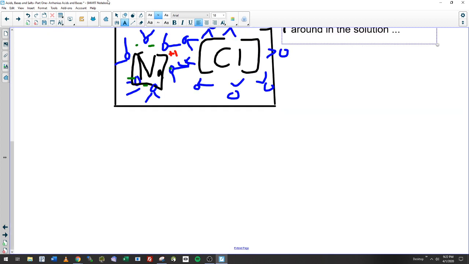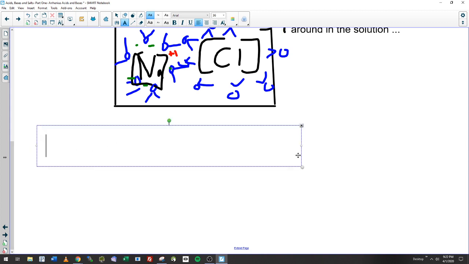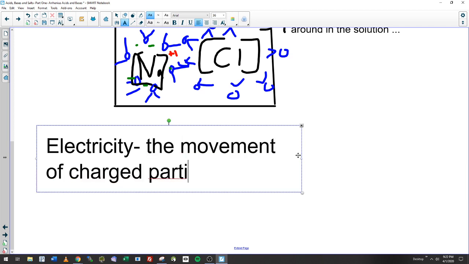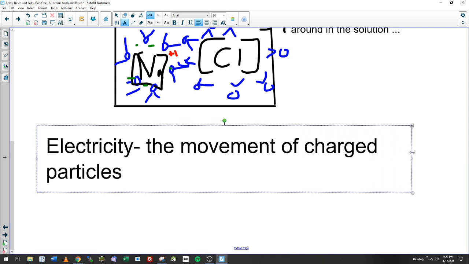I'm going to extend the page. The definition of electricity is the movement of charged particles. When charged particles are allowed to move around, they can create a current.